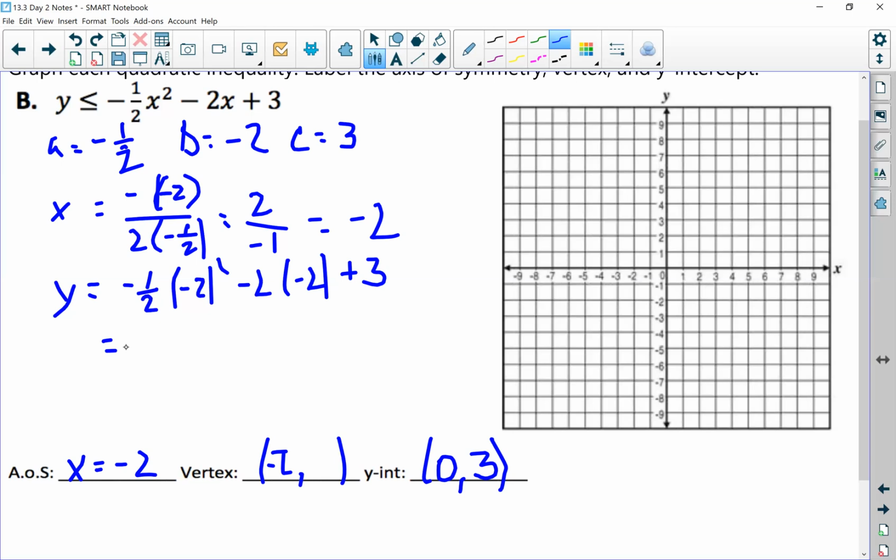So we started with -2. We squared it. We multiplied by -1/2. We ended back with -2. All right, -2 times -2 becomes +4. Plus 3. -2 + 4 + 3, 5.